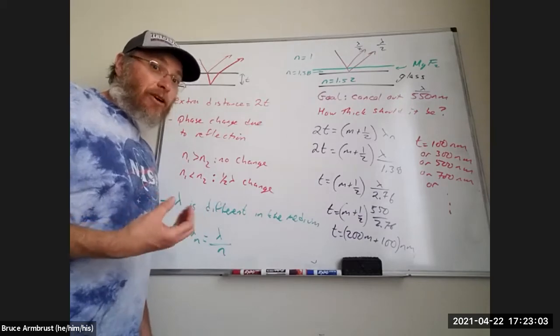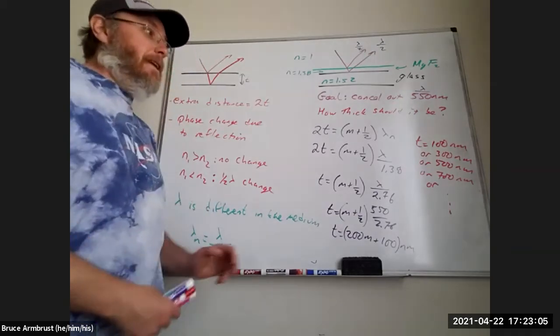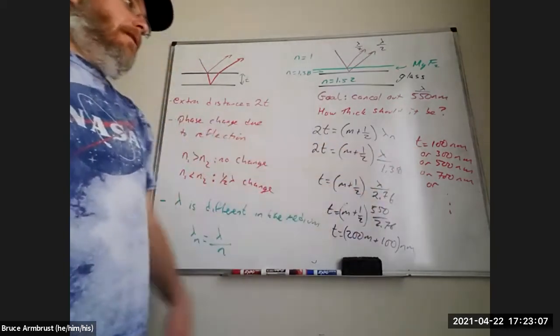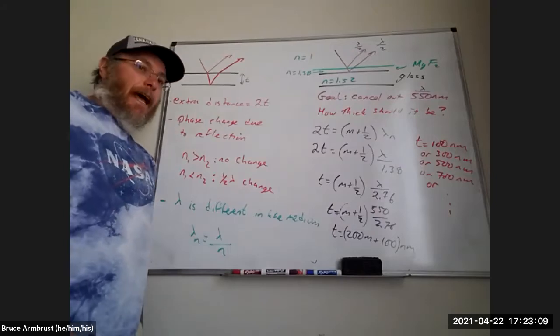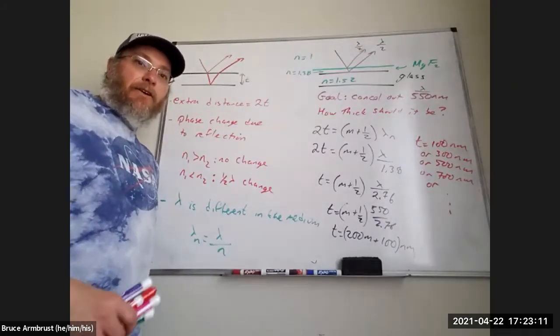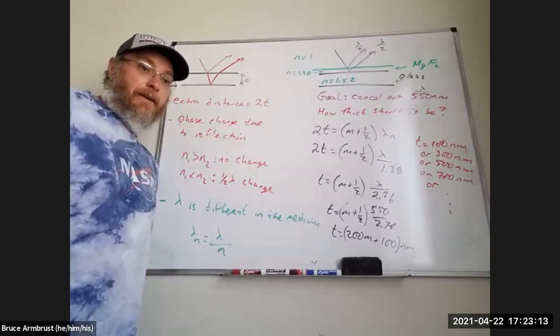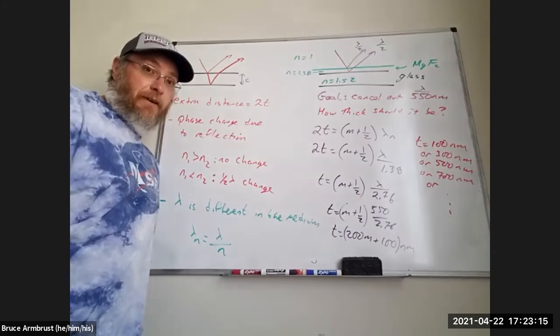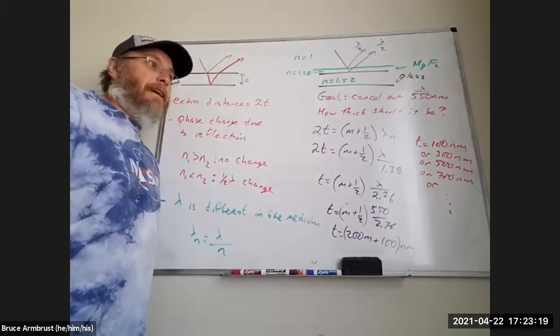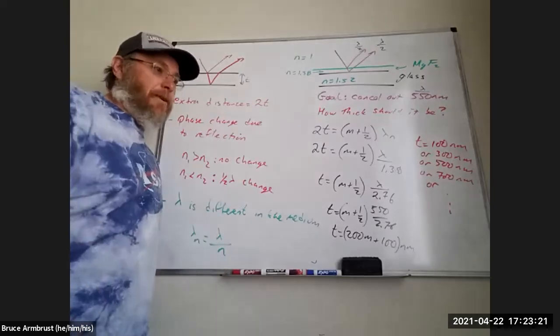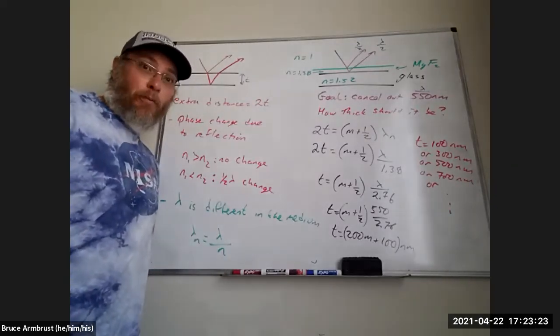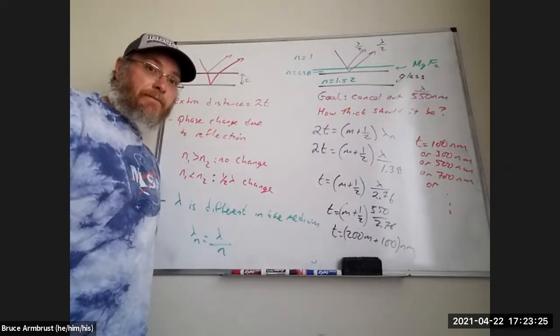Because if it gets thicker, right? If we start getting to bigger ones, what we might find out is that now there are other colors that are being constructively interfered. So we're only canceling out the greens, but we're making the purples really bright.